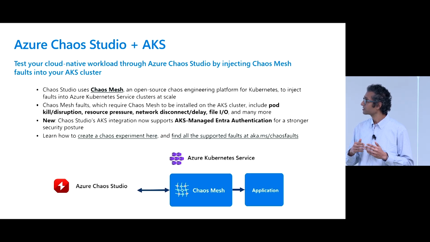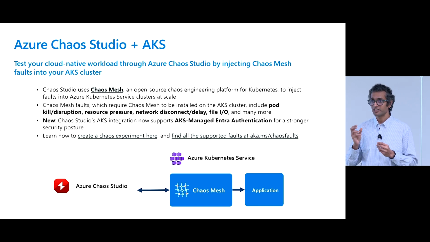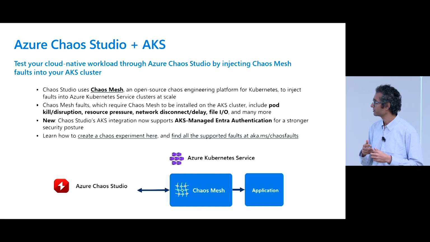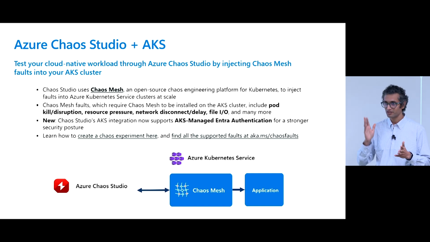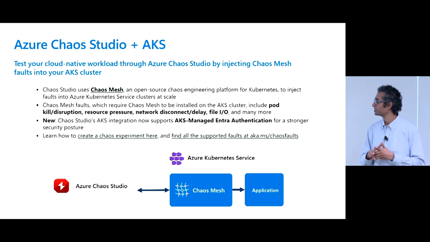Azure Chaos Studio uses the open source offering Chaos Mesh, and it's about introducing faults both at the infra level, where you can take down VMs, availability zones, etc., or at the deployment and application level, where you can kill, restart or delete certain pods and introduce some chaos, thereby pushing and seeing where your application breaks and how fault tolerant it is. It's pretty important, and you can try it in a lower environment. We definitely don't recommend jumping into production, but you can take it phase by phase.